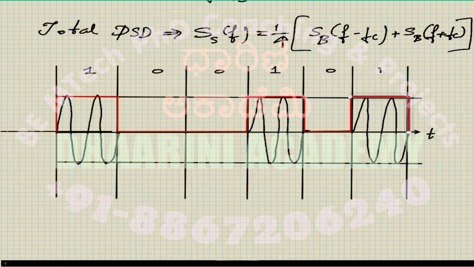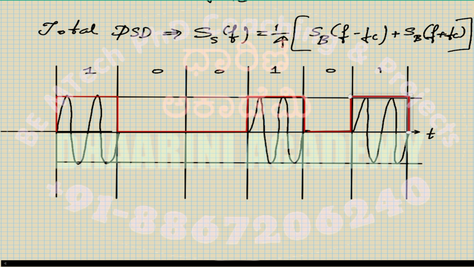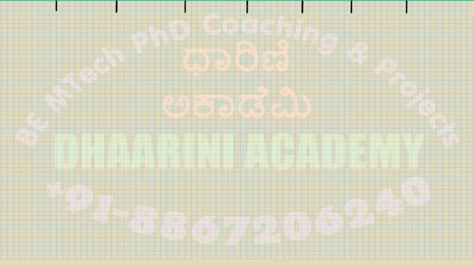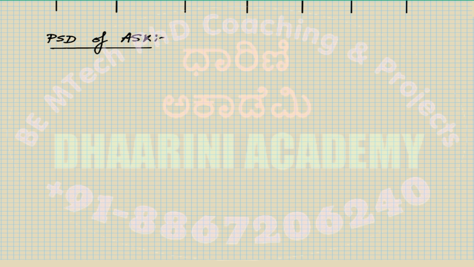Now, look at the plot of S_S(f), that is the power spectral density. This is what is important, so let's try to plot that. This is the total PSD of ASK.